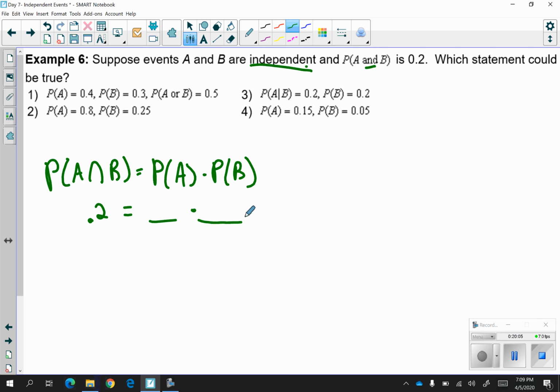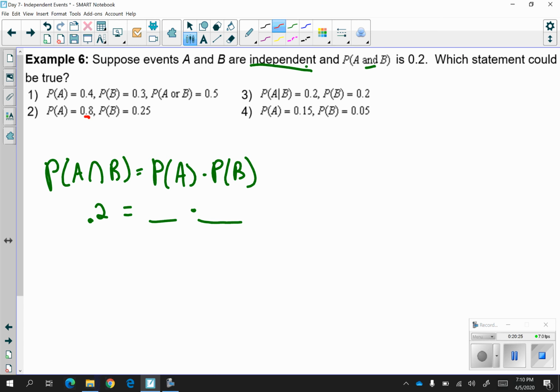Before I check 1 and 3, I should try 2 and 4. I'm not saying 1 and 3 are wrong, but this is my independence formula. I need A and B in order to use it, and choices 2 and 4 have A and B.